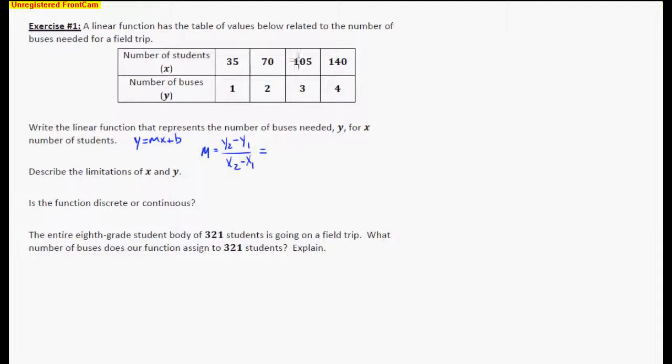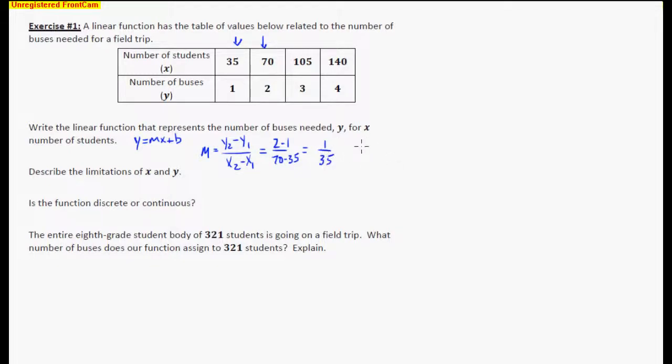Since it's changing at the same rate up here, I can just pick any two. I might as well take these first two to calculate my slope. So my change in y is going to be 2 minus 1, and my change in x is going to be 70 minus 35. So that means my slope is going to be 1 over 35.